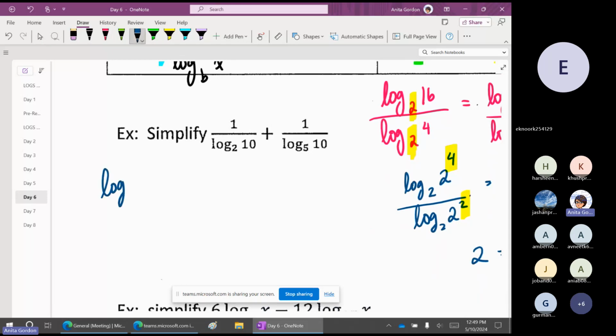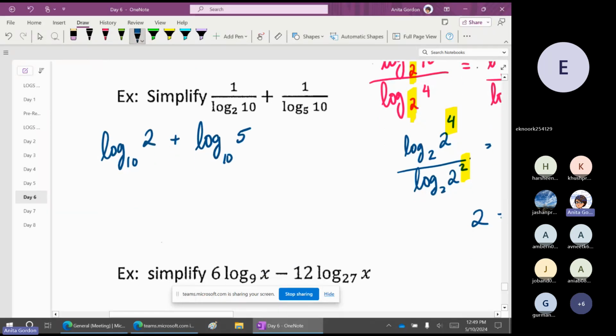Log base 10 of 2, yeah, plus log base 10 of 5. What else can I do? Log base 10 of 10, which equals 1. Beautiful.